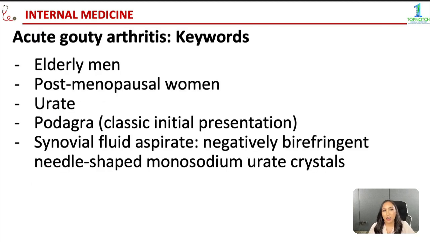NSAIDs. Let's discuss the keywords for acute gouty arthritis. Usually affects elderly men and postmenopausal women due to increased urate levels. Causes podagra as the classic initial presentation. And synovial fluid aspirate, you can see negatively birefringent, needle-shaped, monosodium urate crystals.